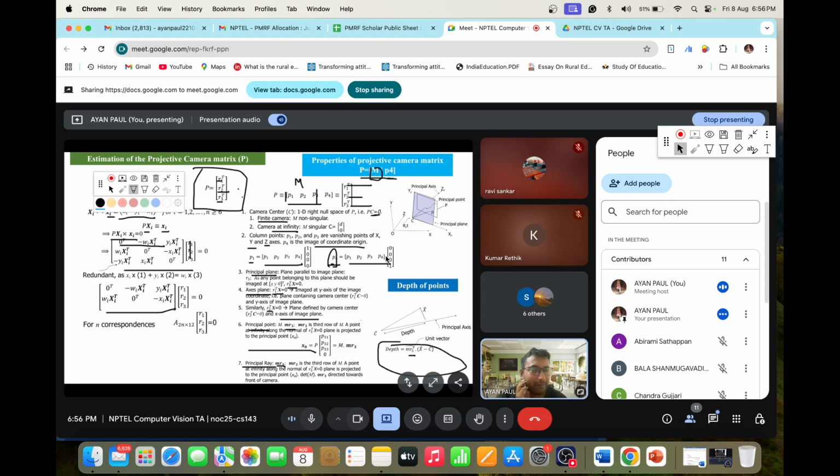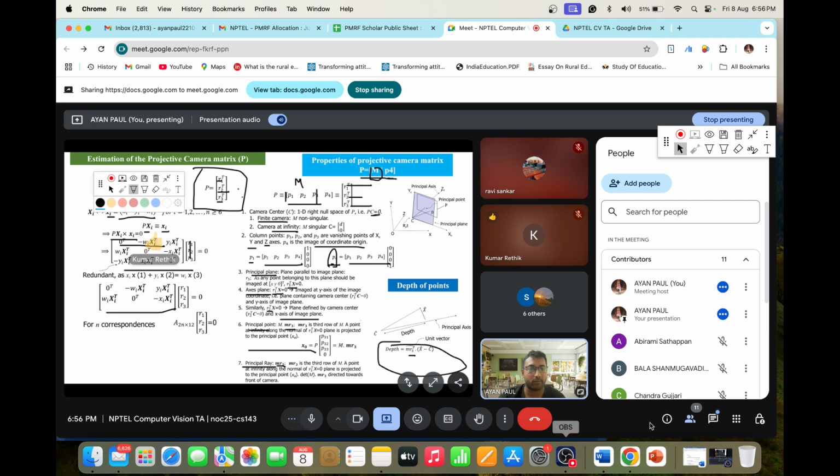We are just multiplying or dot producting it, so that is why it has been written like this. Is it clear to all of you? At least a few points, is it clear?